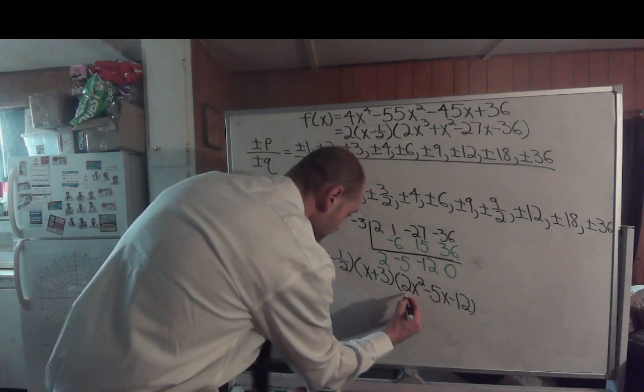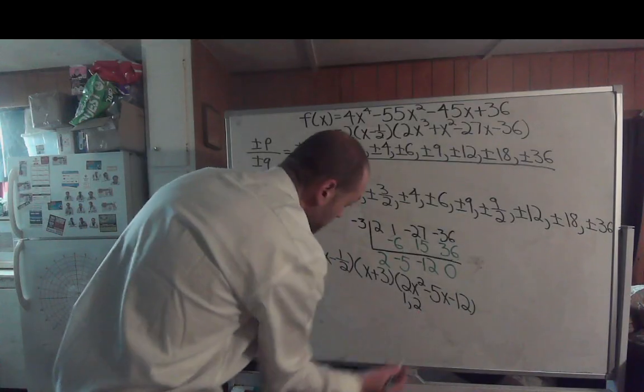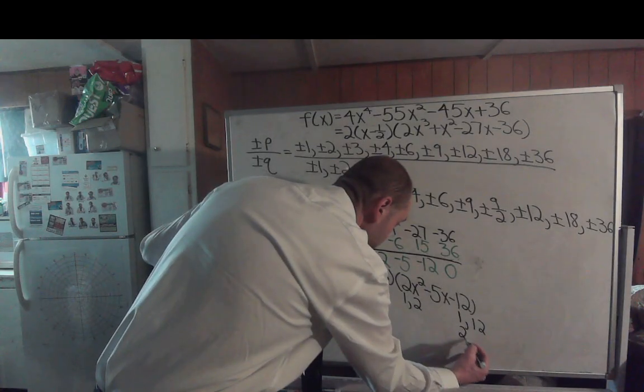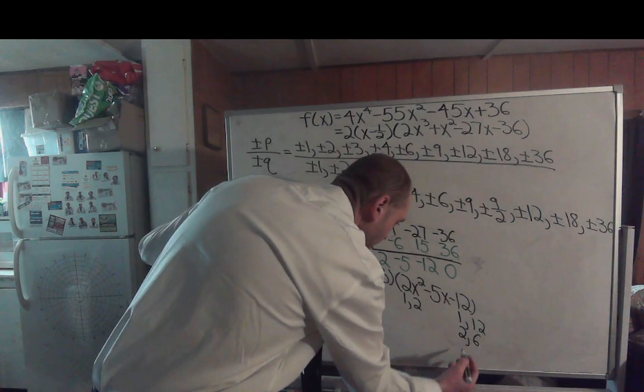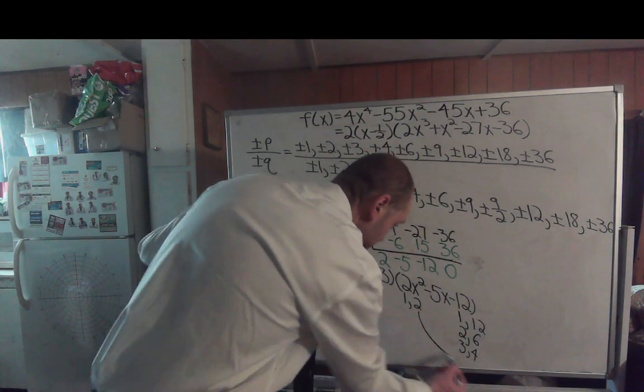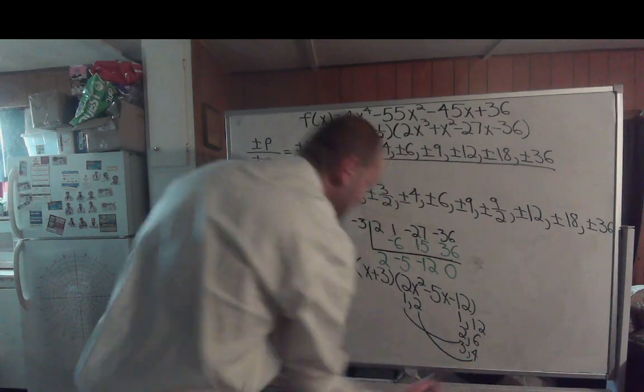Well, obviously 1 and 2 are factors of 2. You have 1 and 12, 2 and 6, 3 and 4. I think we actually found it. So that'd be 8, that'd be 3.